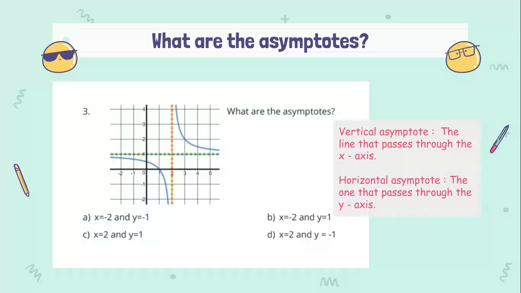It is the y value, and it's always the line that passes through the y-axis. As you can see here, the vertical asymptote passes through 2, which is x equals 2, and the horizontal asymptote passes through 1 on the y-axis, which is y equals 1. So the answer choice is C, which is x equals 2 and y equals 1.